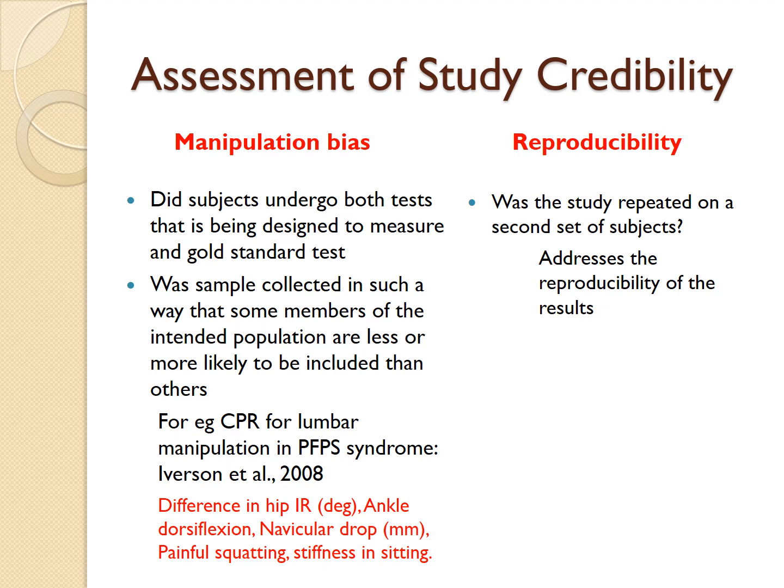So regarding the manipulation bias, the next question we should ask, or we should look into in the study, is whether the subjects undergo both tests, the test that is being designed and the gold standard.